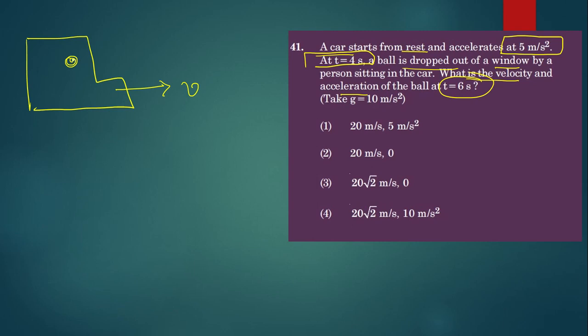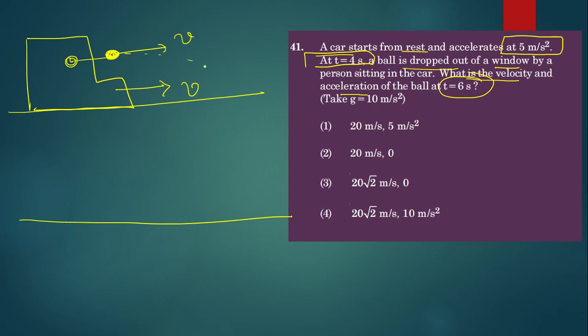Now at the moment when the ball was released, that time the velocity of the ball will be equal to the velocity of the car. Therefore, both the speeds will be horizontal speed. Now, as soon as this particular object was dropped, there was no extra velocity given. So the initial vertical velocity will be 0.